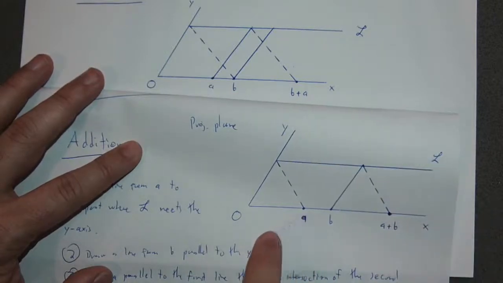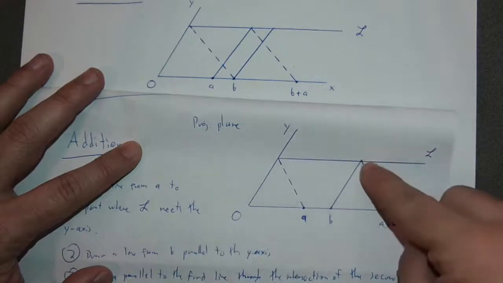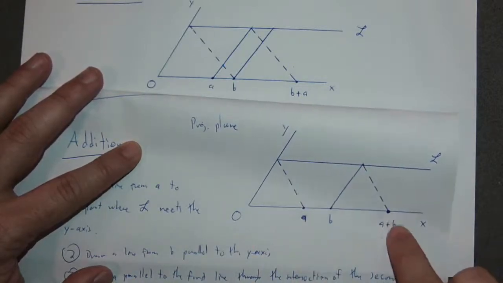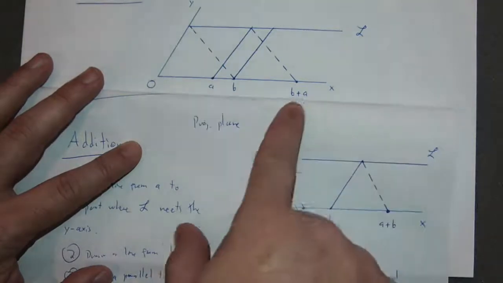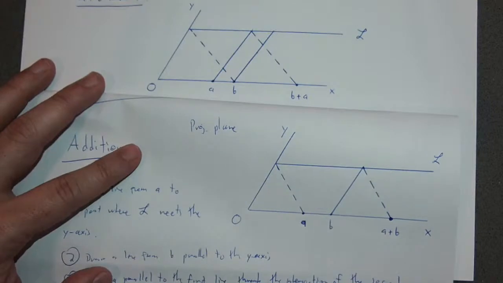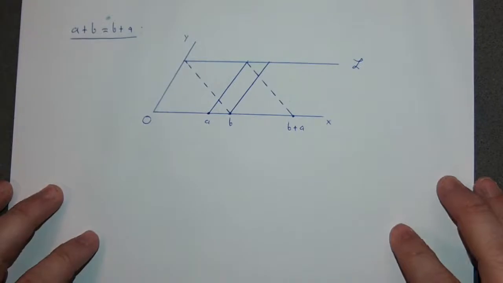I draw a dashed line from A to the point of intersection on the y-axis, and then I draw a corresponding dashed line that's parallel where that intersects the x-axis. That was A plus B. So we constructed B plus A here in a similar way. Again, a priori, this is just a different construction, so there's no reason why those things should match up the way they do. So let's see what is going on here.